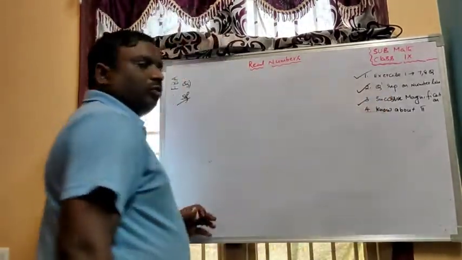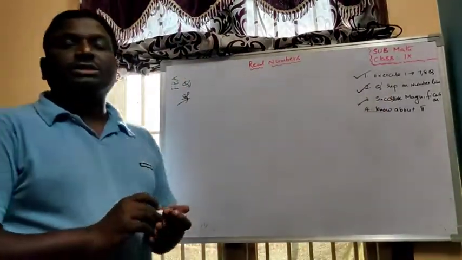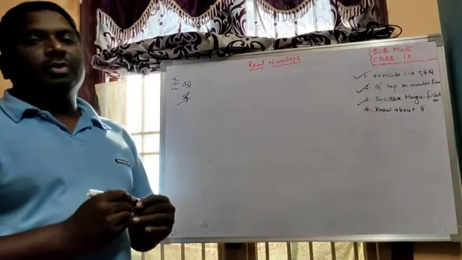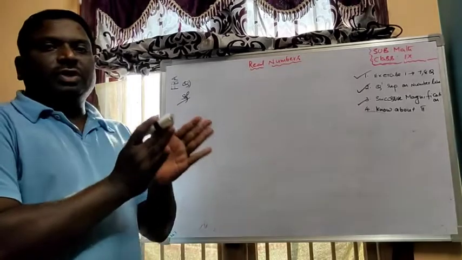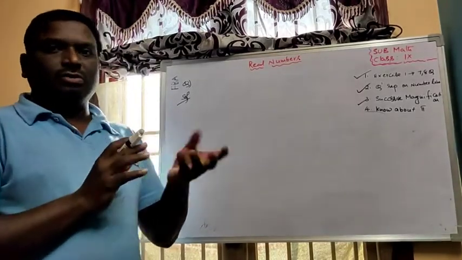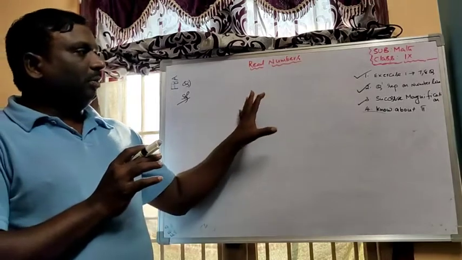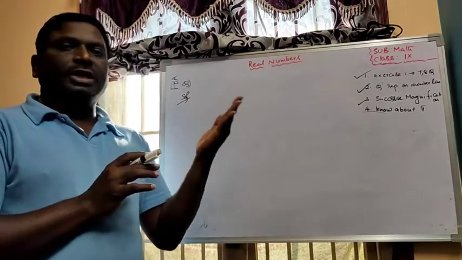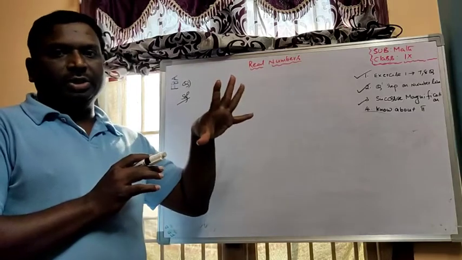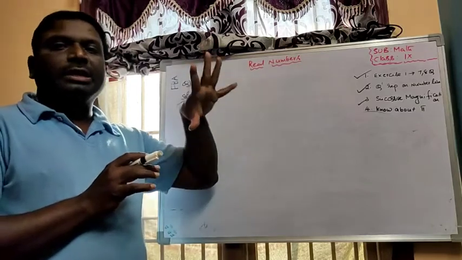Now the successive magnification method, that is the last part of the third exercise in your textbook. Successive means one after the other. Magnification means we are using a magnifying glass, you know. If you observe anything using a magnifying glass, it looks very big and clear.